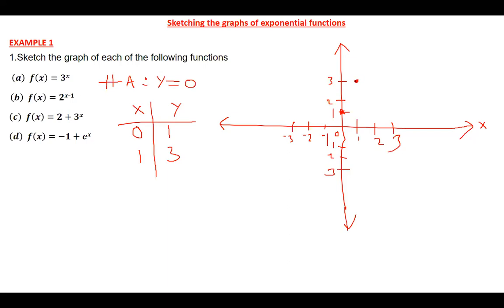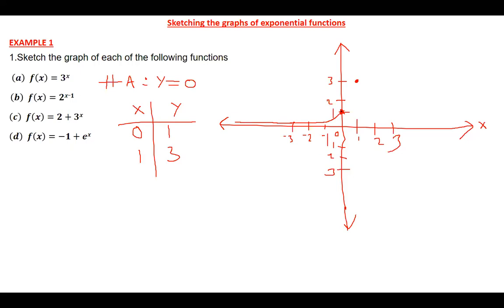The horizontal asymptote is the x-axis. We know what an asymptote is; we learned it in calculus. An asymptote is a line that, no matter how you draw the curve, the curve will never touch.